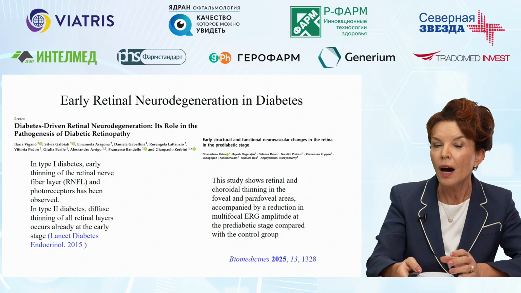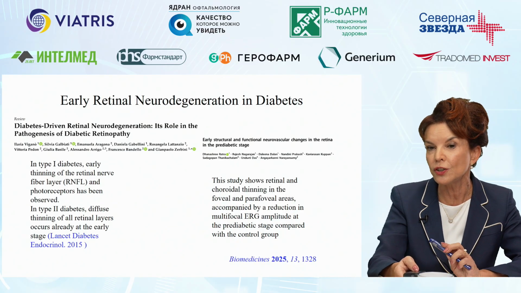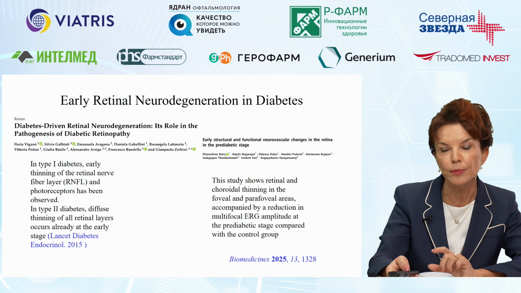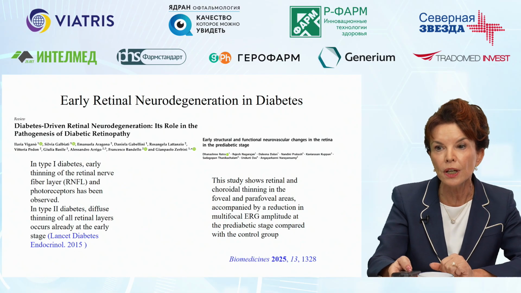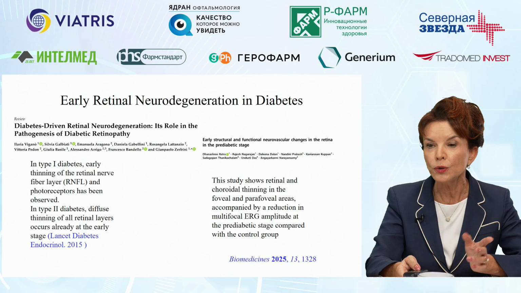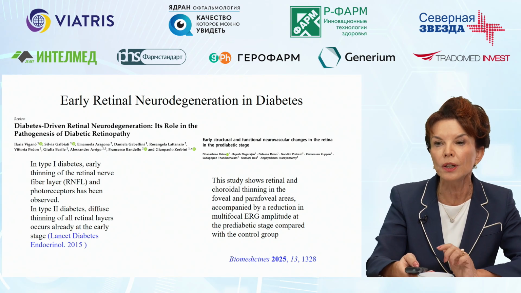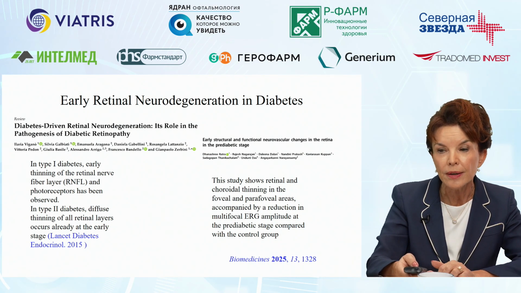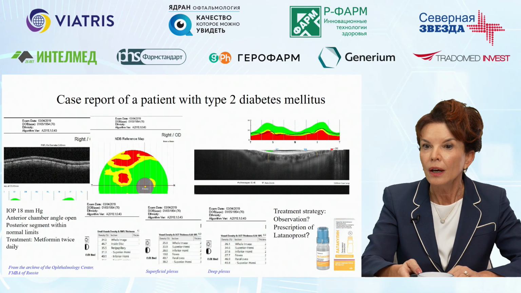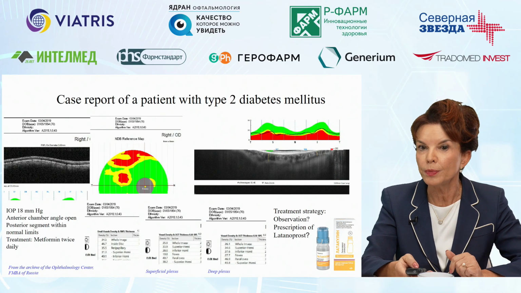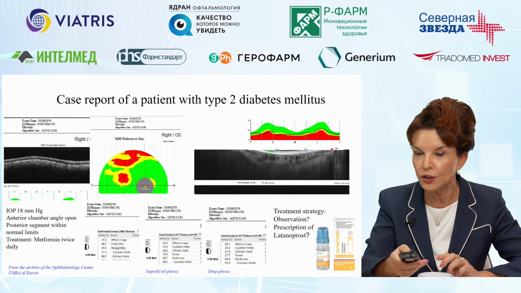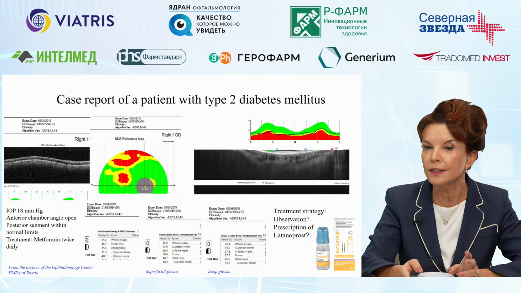In type 1 diabetes, the photoreceptors are also thinned, but in type 2 diabetes, thinning of all retinal layers takes place, as was shown in a publication this year. Also, the choroid is thinned, and retinal and choroidal thinning in the foveal and parafoveal areas is accompanied by a reduction in multifocal ERG.